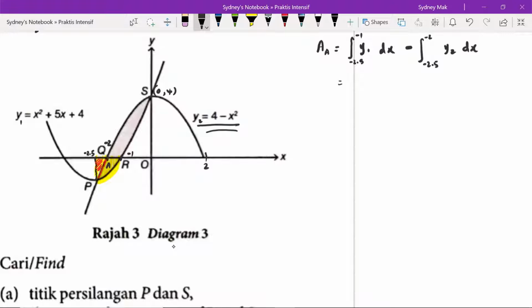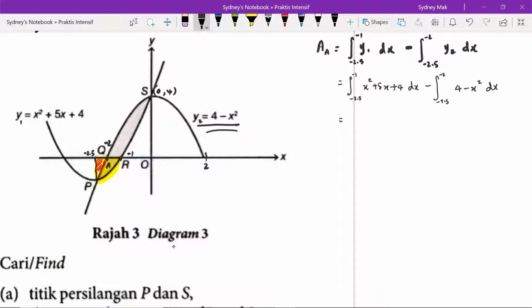So let's integrate from negative 2.5 to negative 1 of y1, which is x squared plus 5x plus 4 dx, and then minus, from the boundary negative 2.5 to negative 2, of y2, that is the sad face curve, 4 minus x squared dx.